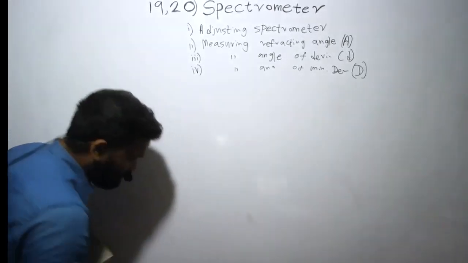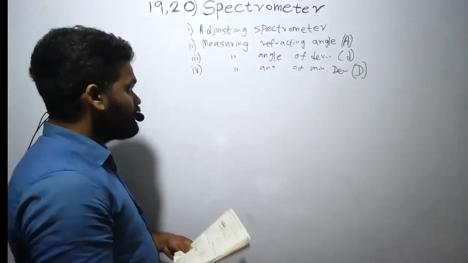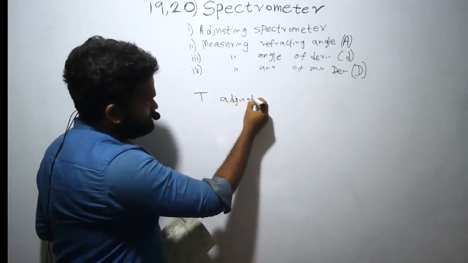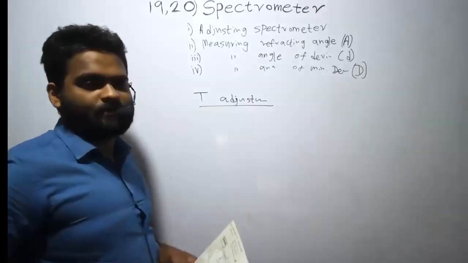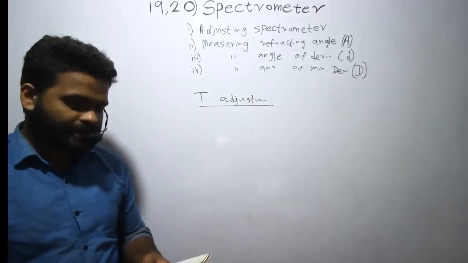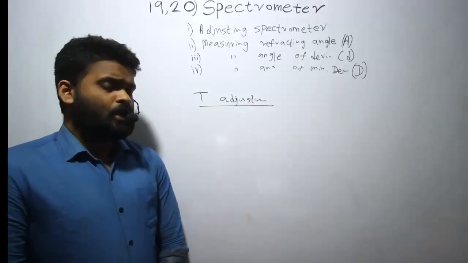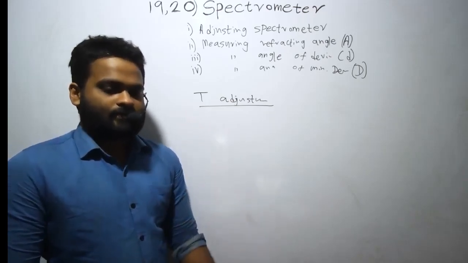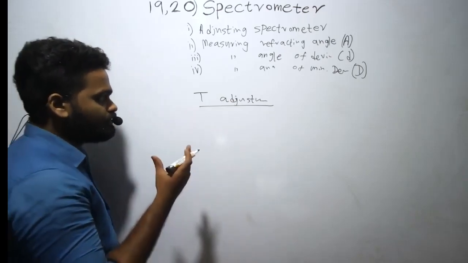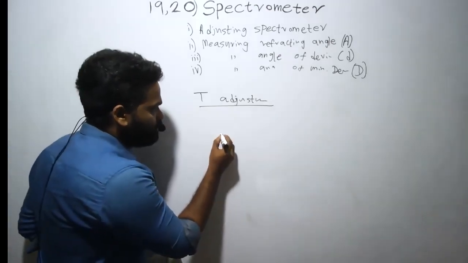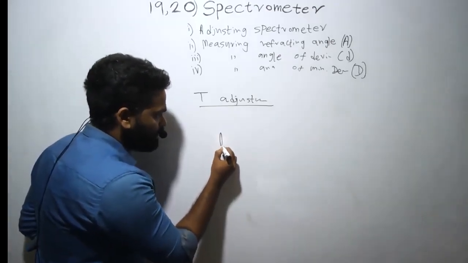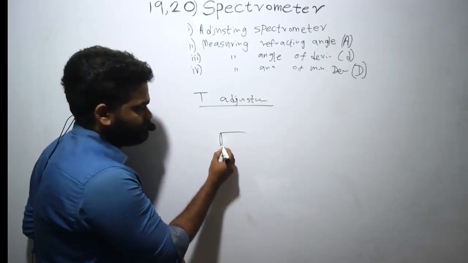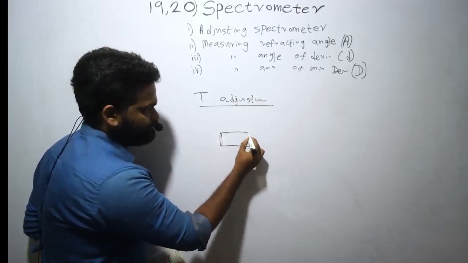So first you have to adjust the telescope. Write the subtopic telescope adjustment. Let's see how to do the telescope adjustment. So what do you mean by adjusting the telescope? This is how the telescope is made. You have an objective lens in the telescope like this.